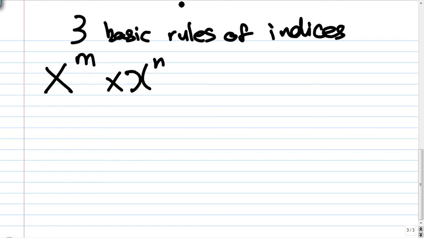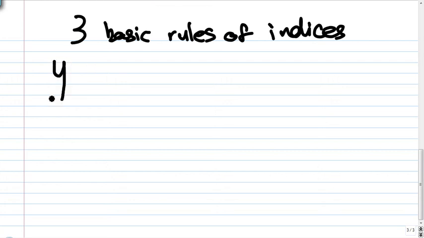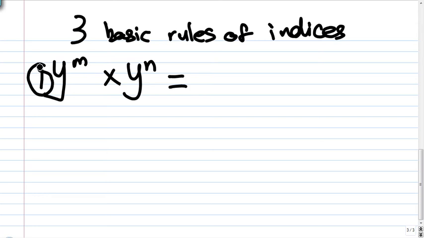If you had x to the power m times x to the power of n, let me just erase this because it might cause a little bit of confusion. Let's call it y instead. That's y to the power m times y to the power n. What you get is y to the power m plus n.